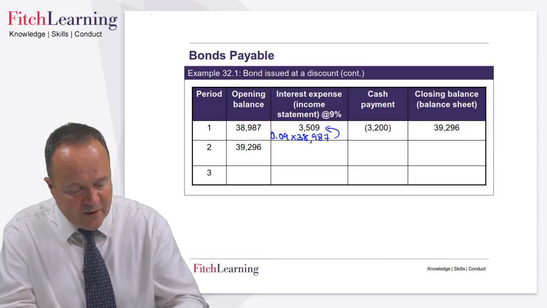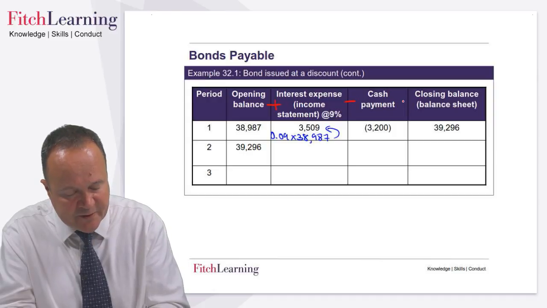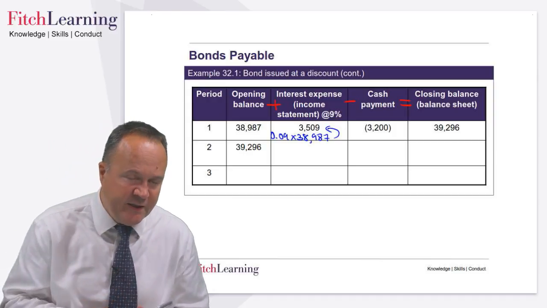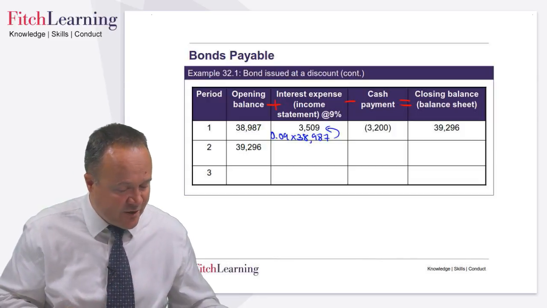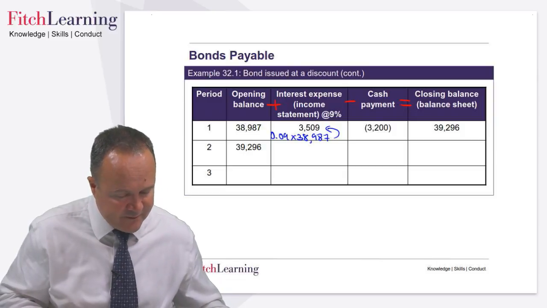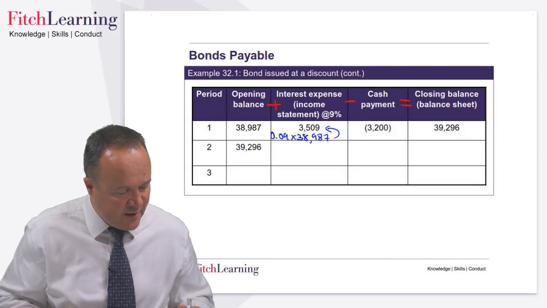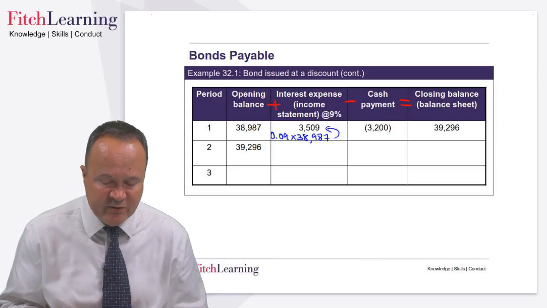Remember, we have our opening balance plus interest minus payment equals closing. So 38,987 plus 3,509, take away the cash payment of 3,200, and we end up with a liability of 39,296.